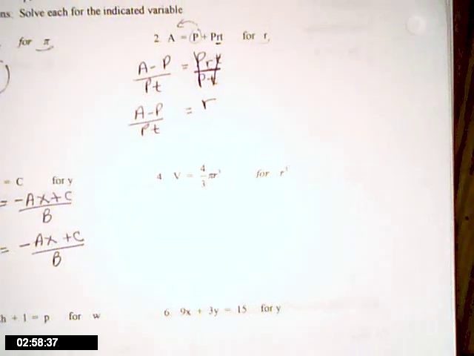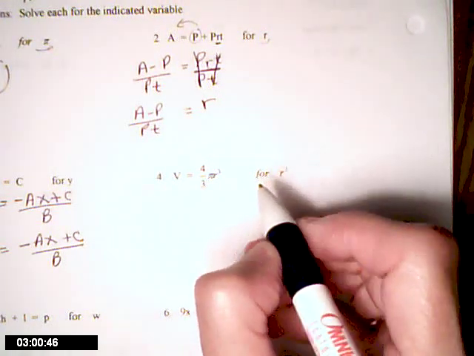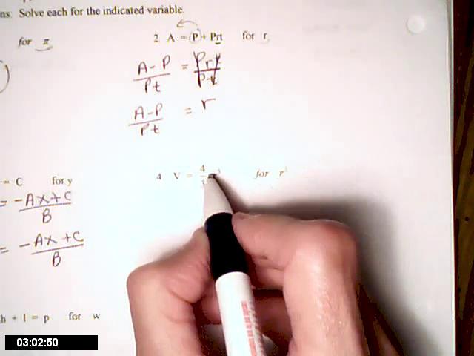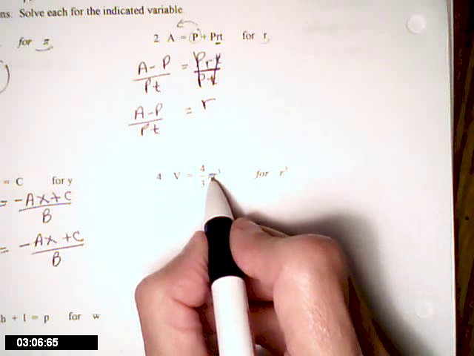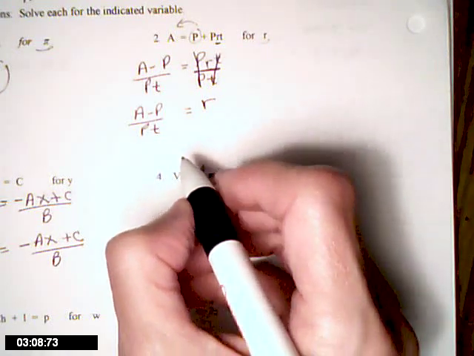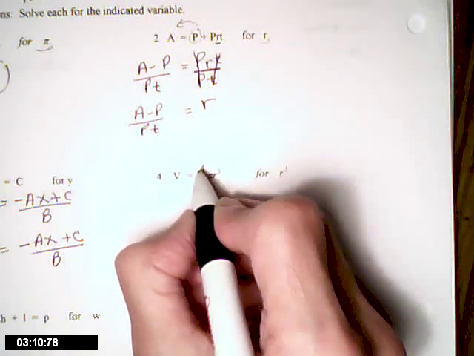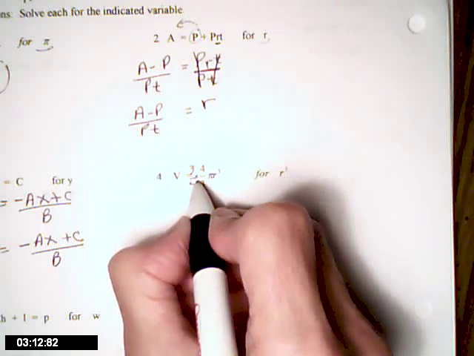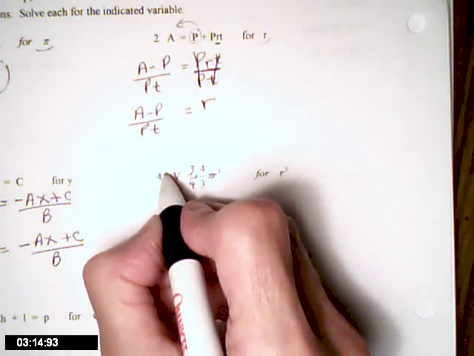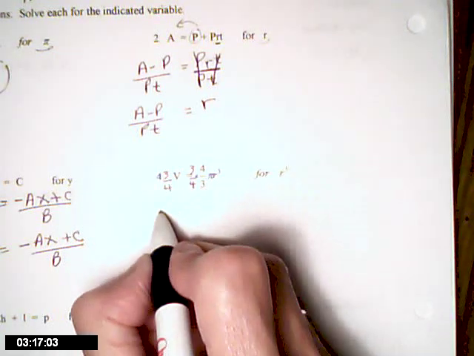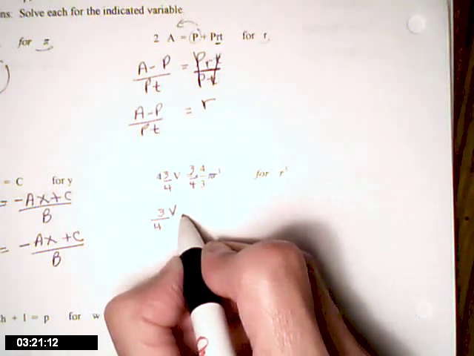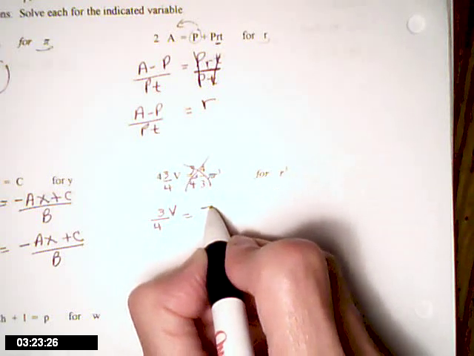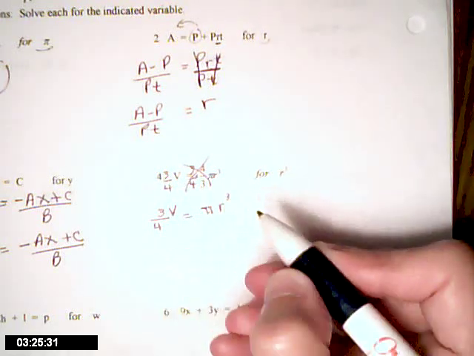Problem number 4, I need to get r cubed by itself. Now, when I see this fraction, the first thing I think I'll do is get rid of the fraction. I do not want it over here. Now remember, to get rid of a fraction, you multiply by its reciprocal. So if I multiply both sides of this equation by the reciprocal, I have 3/4 V equals, these divide out, pi r cubed.